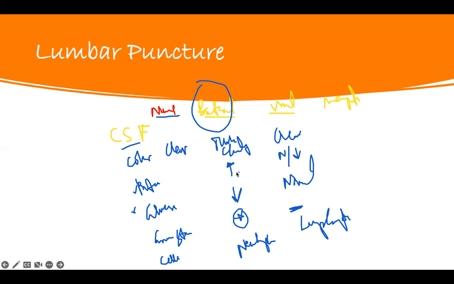There's more protein, decreased glucose, the gram stain is positive, and the cells are usually neutrophils. If it's a viral meningitis, the CSF is clear. The protein may be normal or decreased. There may be normal glucose because they don't like it. The gram stain will be negative, and lymphocytes are elevated.